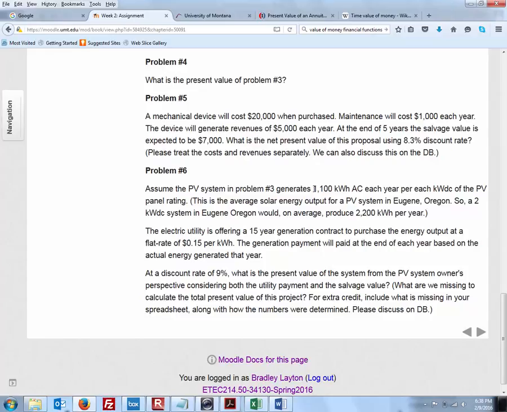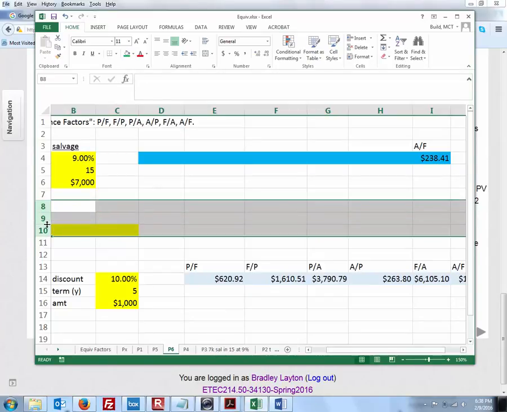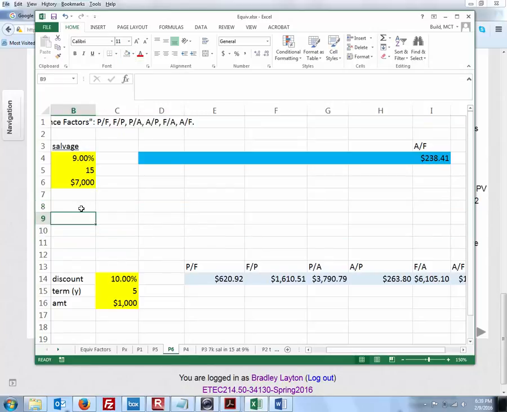All right. So let's just assume here that we're going to make 1,100 kilowatt hours of AC per year. What is this stuff? I don't know. Let's just get rid of it. Okay. So let's do power per year. We're going to put this in kilowatt hours.